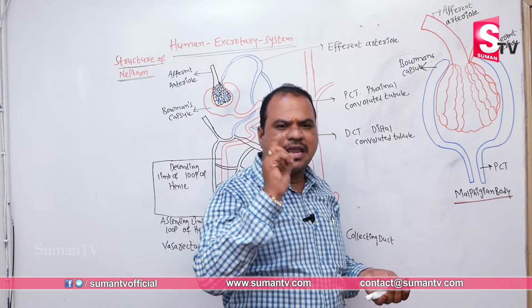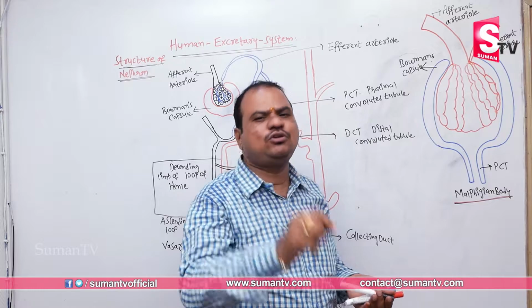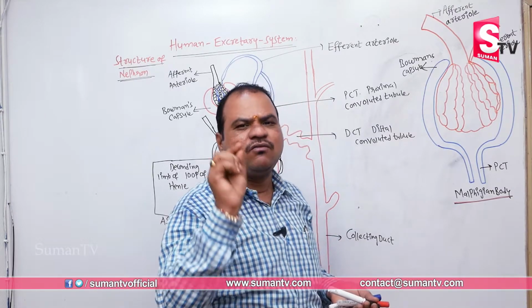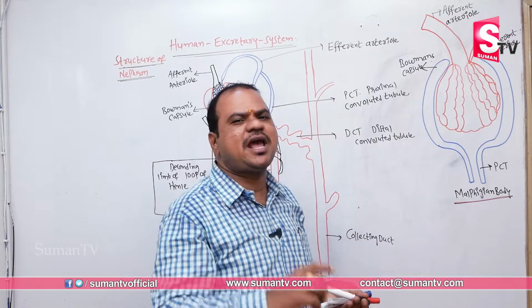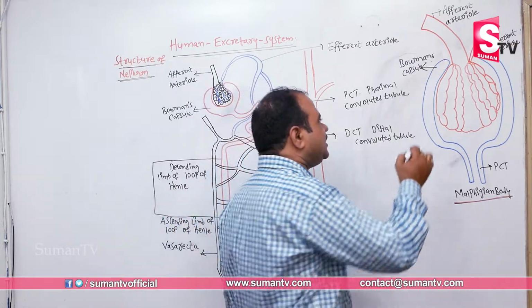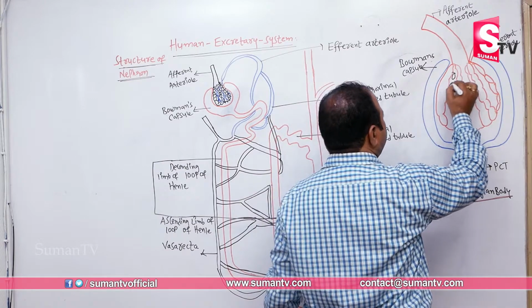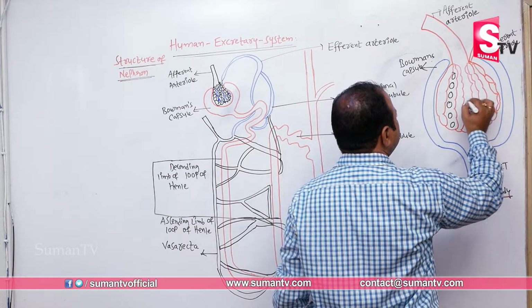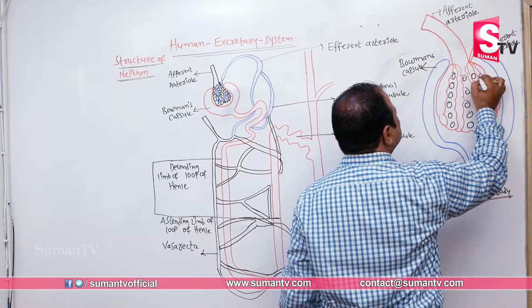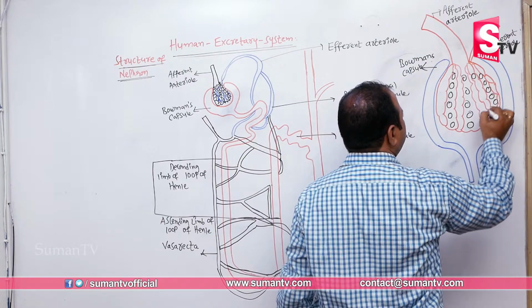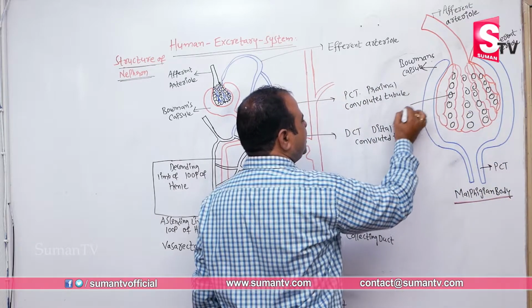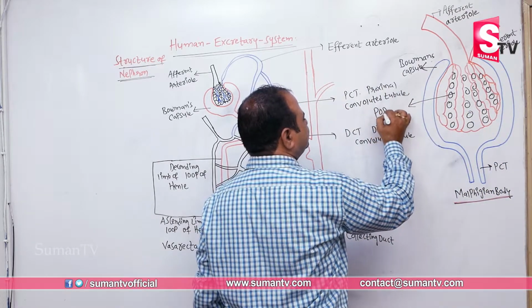In between the capillaries, minute spaces are present. In these minute spaces, specialized cells are present in the Bowman's capsule. These specialized cells are normally called podocytes.